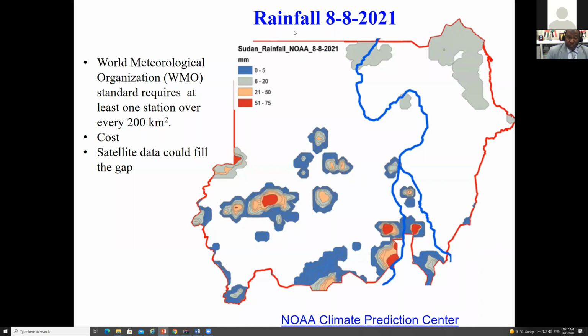Estimation from satellite gives a quick idea, and it has become part of the operation of many meteorological organizations, to help in early decision making rather than waiting for meteorological station data.